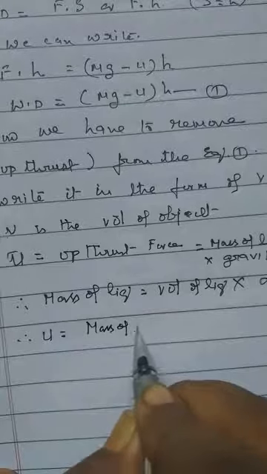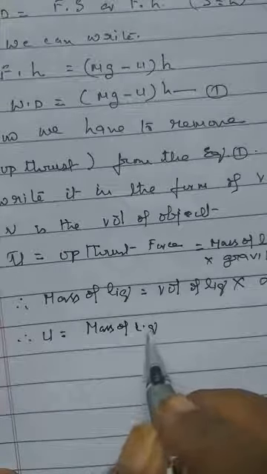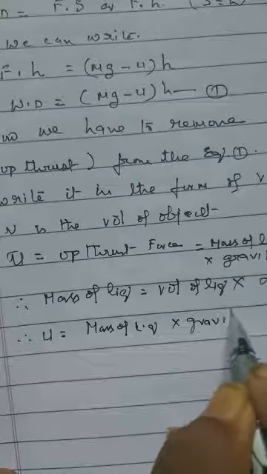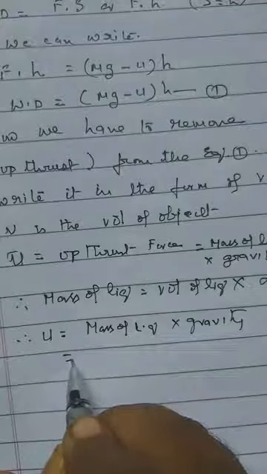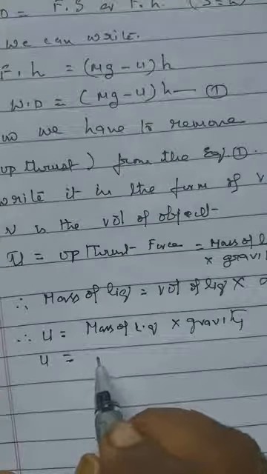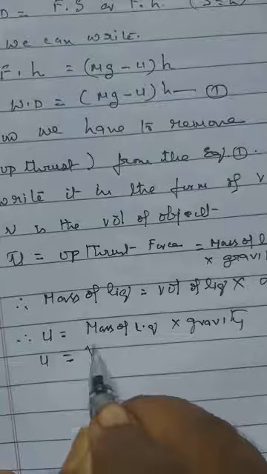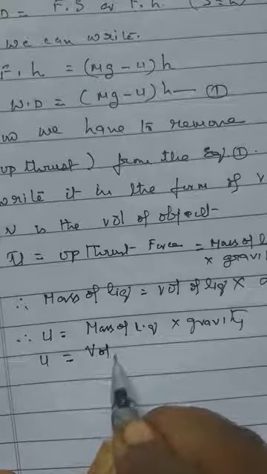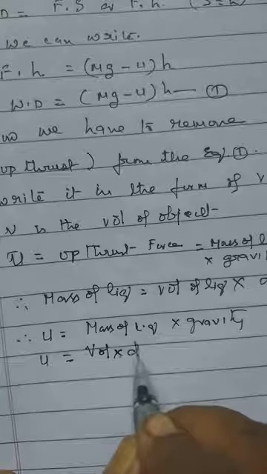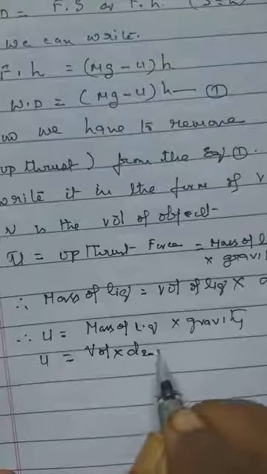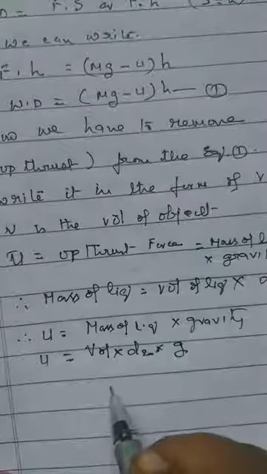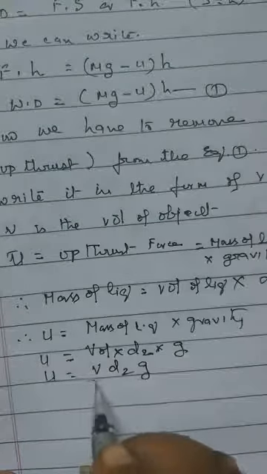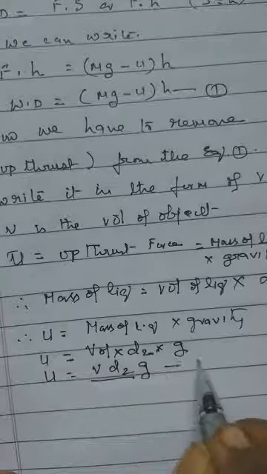Therefore, U is equal to volume into density of liquid into gravity, or U is equal to V d2 g, and this is taken as equation number 2.